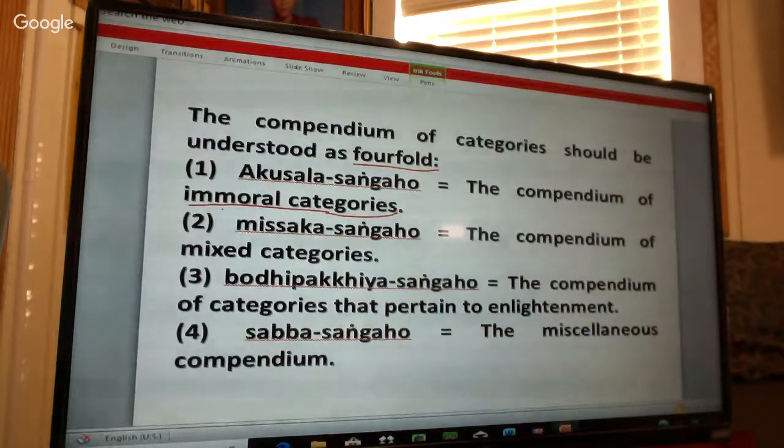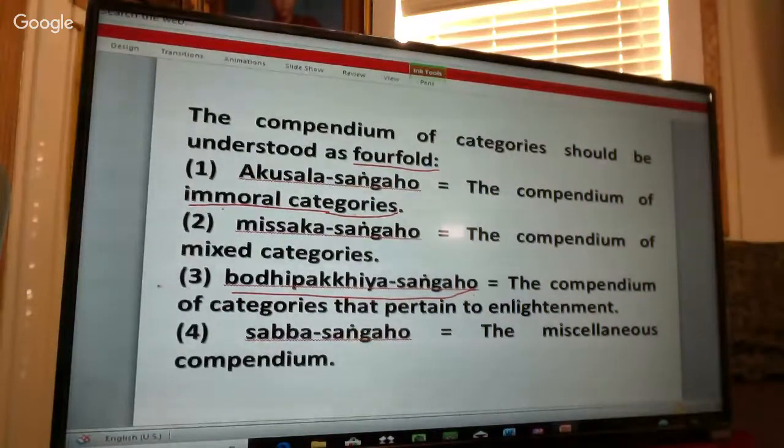And then the next category is Bodhipakkhiya Sangaha. Bodhi is enlightenment, and pakkhiya is the factors, the factors to gain enlightenment.